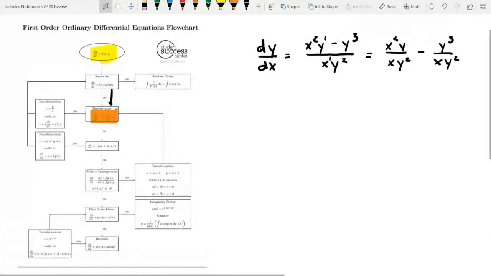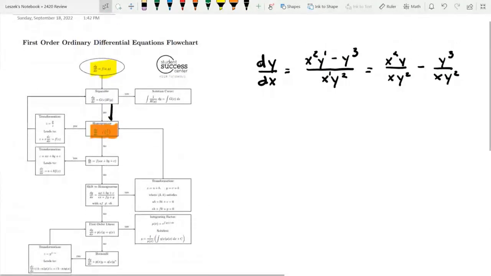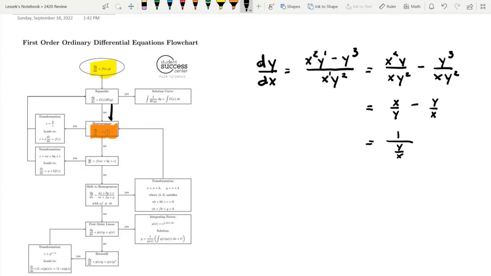So this is going to be x over y minus y over x. So indeed we see that if we think of this as 1 over y over x, this is y over x, the right-hand side over here is a function of the ratio y to x.